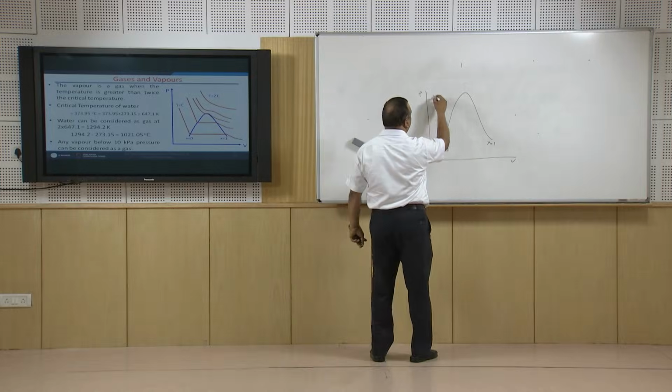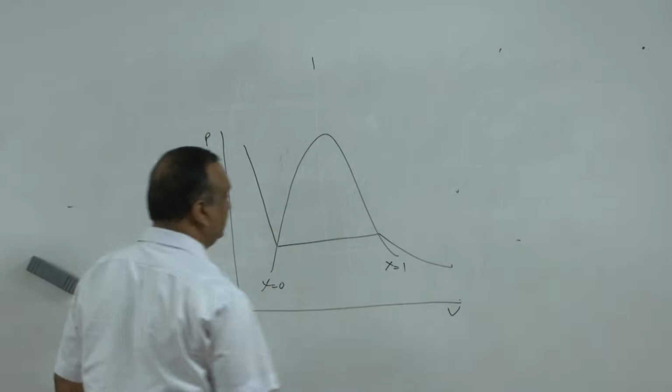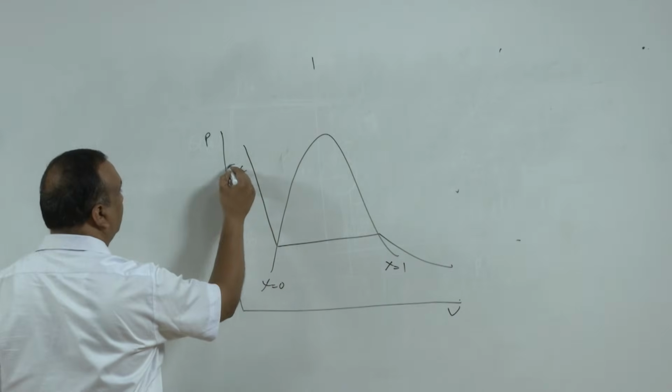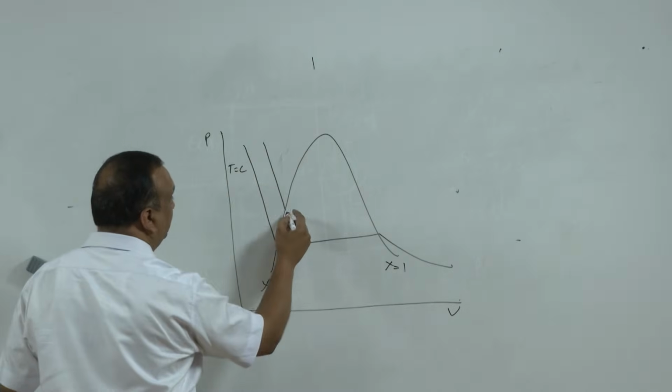At constant temperature, the characteristic line will be like this. This is temperature equal to constant.